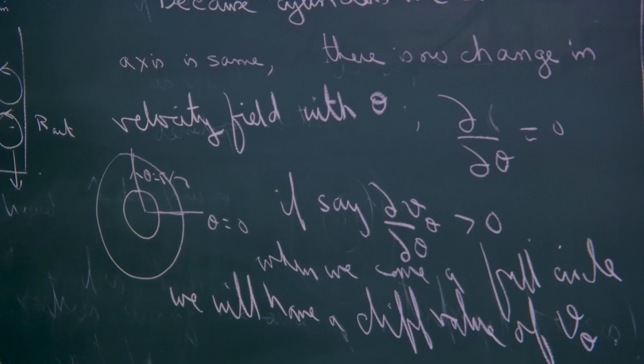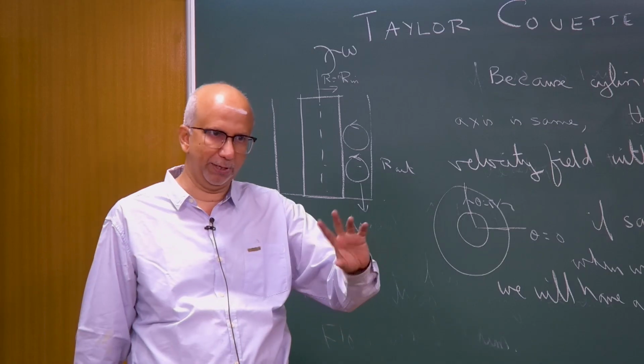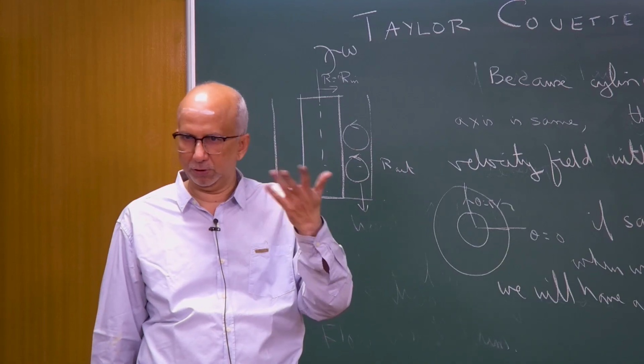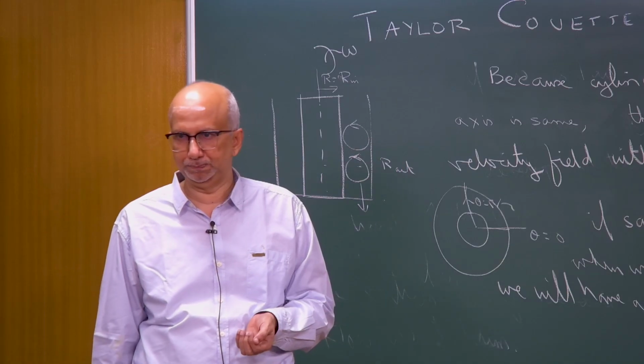As you go around theta, v theta keeps on increasing, and will come back to the same point. So at one point we had two velocities, so that can't happen, and therefore the only way we have the same velocity is dv by d theta is 0. Okay.